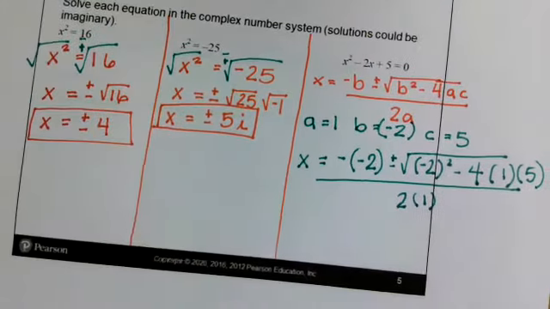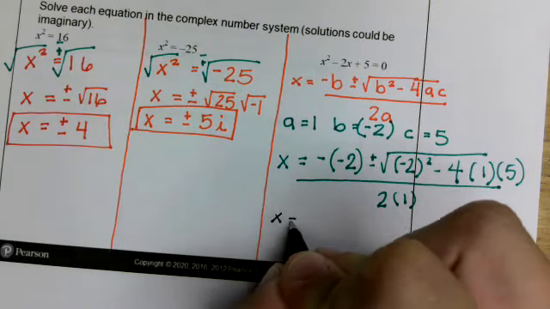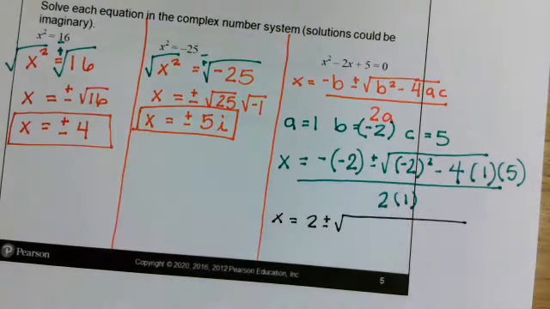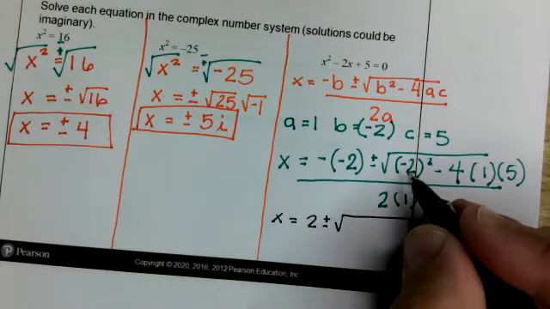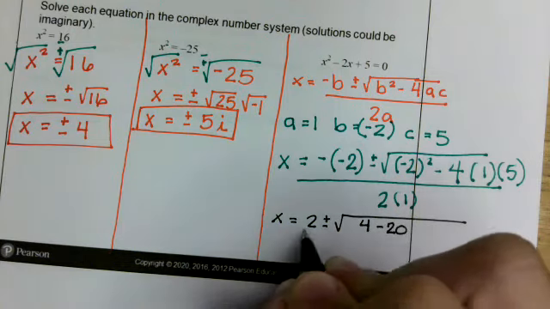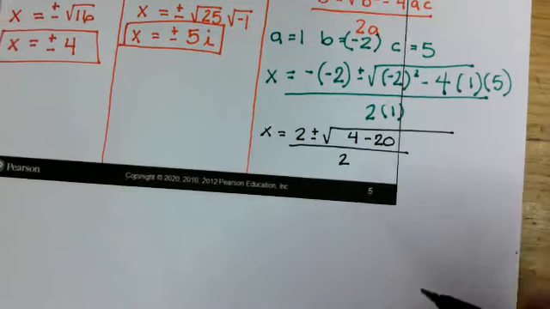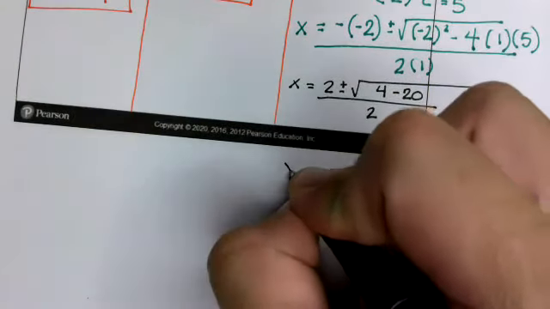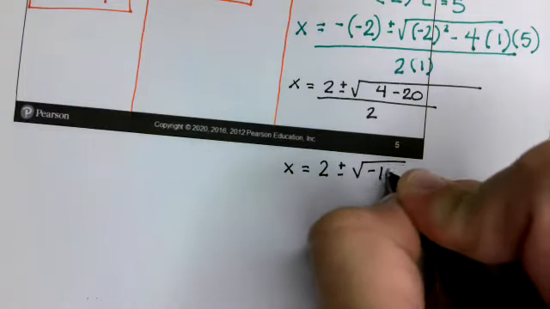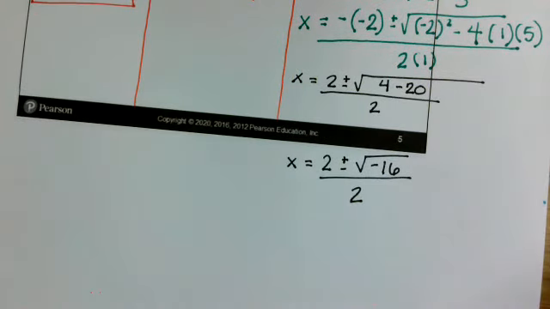A negative times a negative 2 becomes a positive 2. You can put all that in your calculator if you want. I think it's just 4 minus 20, right? Over 2. 4 minus 20 is negative 16 over 2. So this is usually when we stop and say no solution, right?